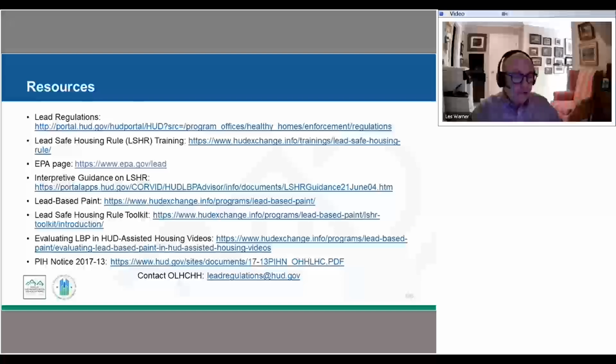And then we have a slide on resources. We've mentioned on HUD.gov, it's the Healthy Homes Enforcement and Regulations page. Chris also mentioned some of the lead safe housing trainings that have been completed, and those are posted as well.